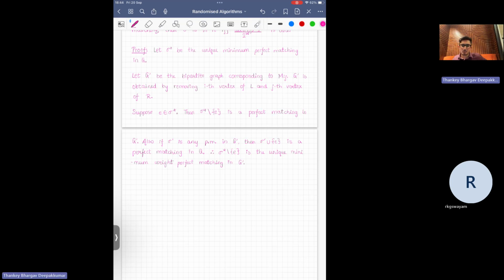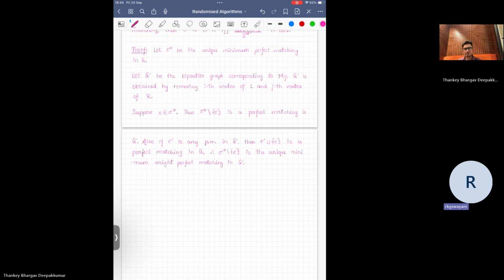Why is this true? Therefore sigma star is a unique minimum weight perfect matching in G prime.